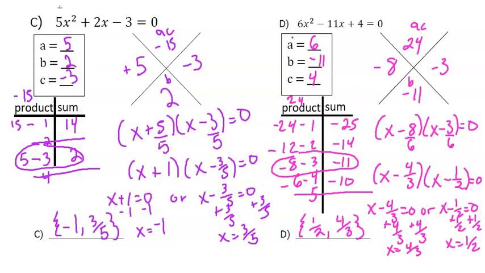After you've done those two things, identify A, B, and C, draw your x, list your products of AC and the sums of those factor pairs, figure out which pair works. Write your factors, divide by A, simplify the fractions as much as possible, and then set each factor equal to 0 to find your two solutions.